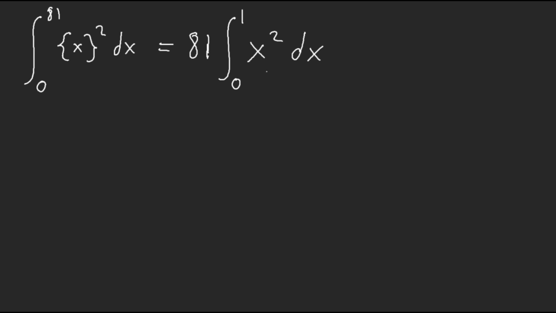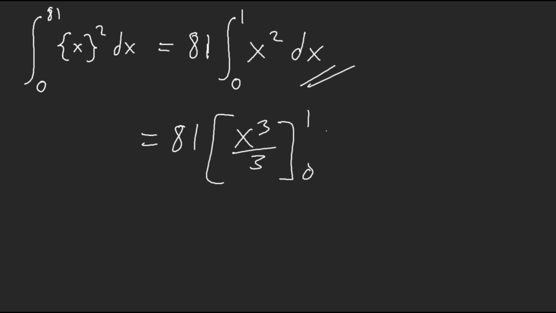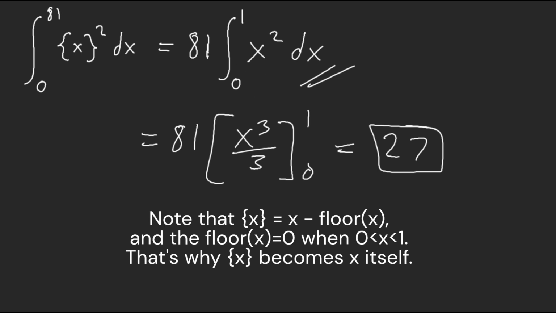Now we can just straight up integrate this easy integral. This is 81 times x cubed over 3 from 0 to 1, and then we end up getting 27. Yeah. So our answer is 27. We are allowed to do this because of the periodic function property.